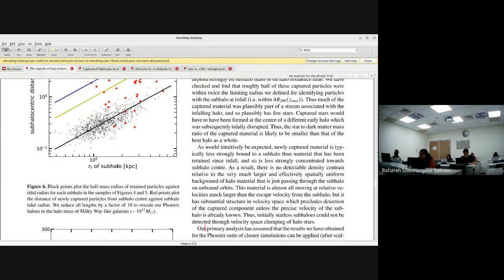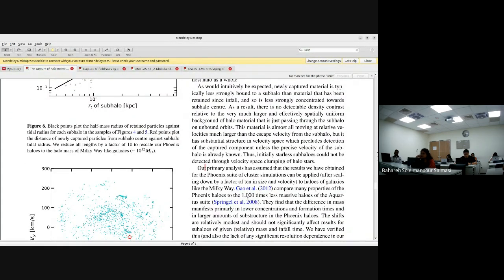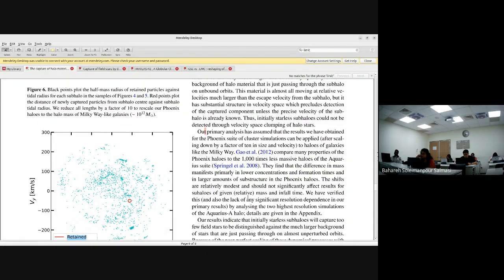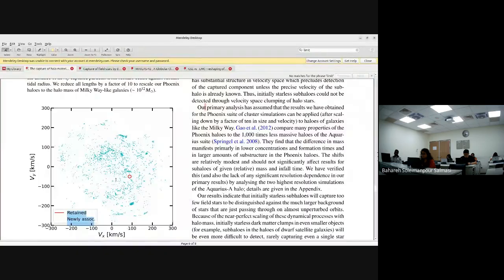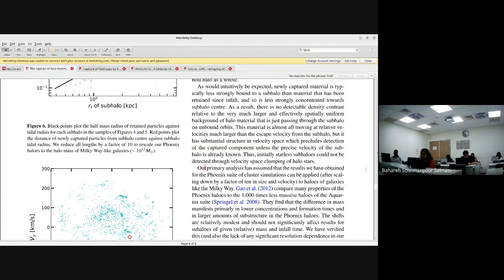Because if the stars captured by this subhalo are exactly the same as the background density, then you have no chance to see this subhalo in an observation. And even if you do detailed velocity inspection, they are not able to show up in this capture radius. So I guess that's it.